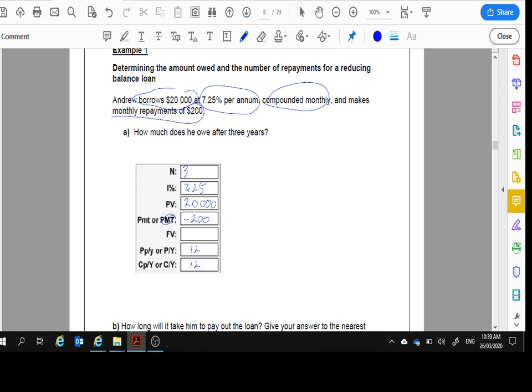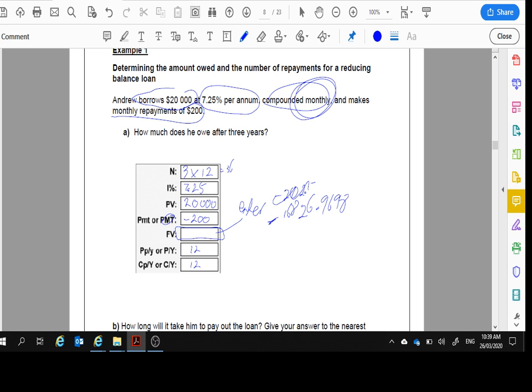So 3 years, how many months are there in a year? 3 times 12. Just press tab and it will put 36 in here straight away. Or you can put 36 yourself. Put your cursor on here, tab down to here, press enter. It will give you negative 16826.9698.